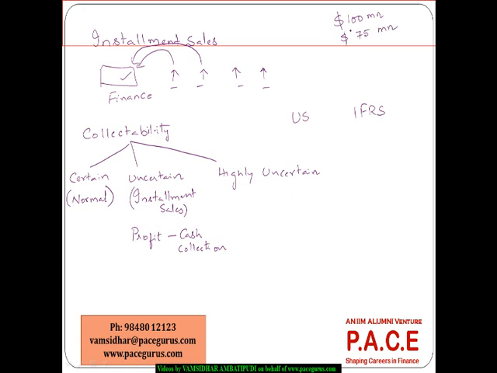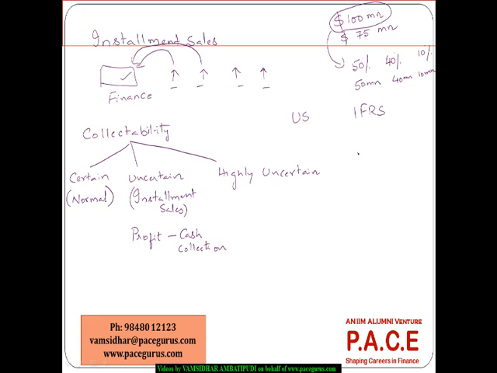Right? And let's say I have gone into an installment scheme where 50% has to be paid in the first year, 40% in the second year, and 10% in the third year. So the customer will have to pay 50 million in the first year, 40 million in the second, and 10 million in the third. If I assume that he has paid that way only.